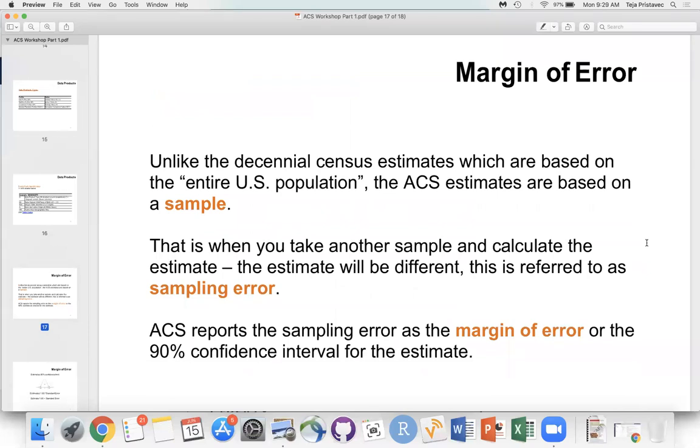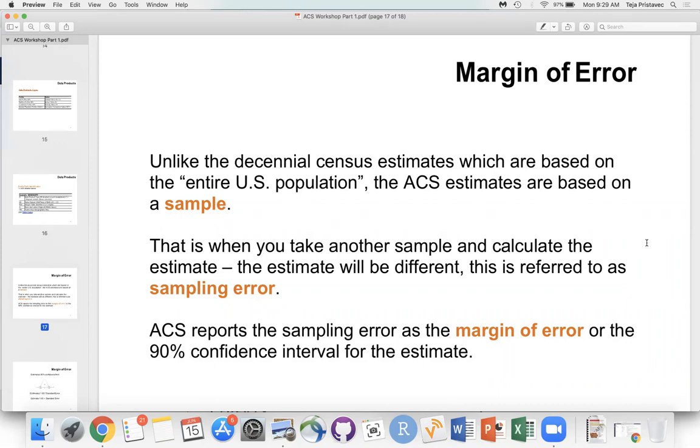So if, for some geography, we say, okay, there's 55,000 females living in this particular tract, then you'll get a margin of error that says, but that's plus or minus 700, right? Depending on how well that estimate was measured. So whenever you make a call to the API, you'll get both the estimate and the 90% margin of error.